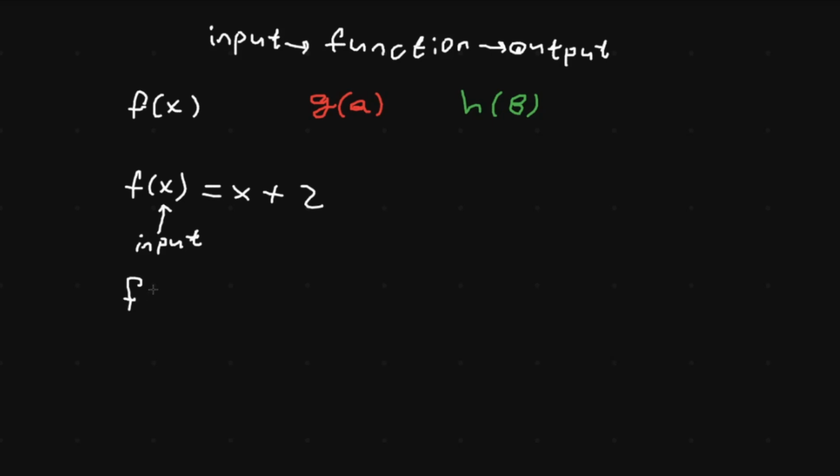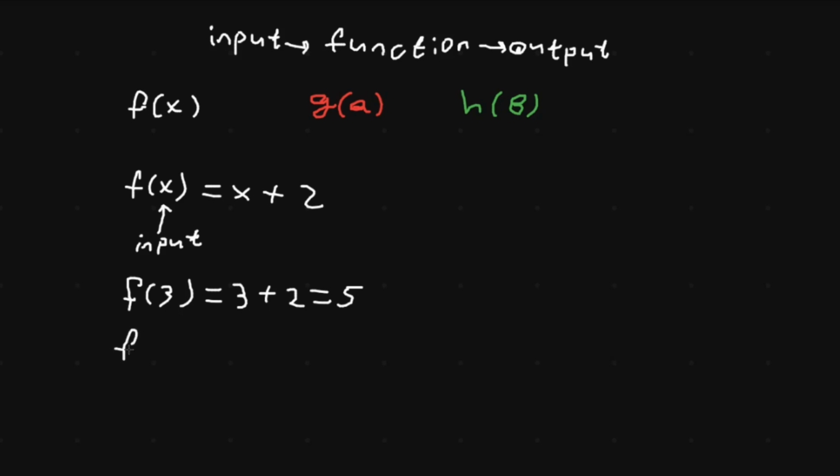So f of 3 is equal to, instead of x, we write the inputted number, in this case 3, 3 plus 2, and this is 5. So we inputted 3, our function added 2 to it, and we got our result, which is 5.